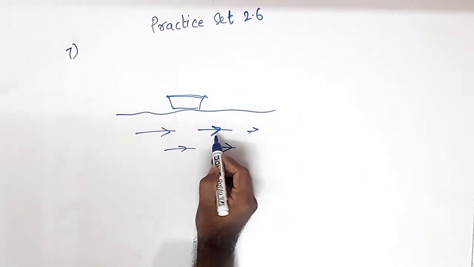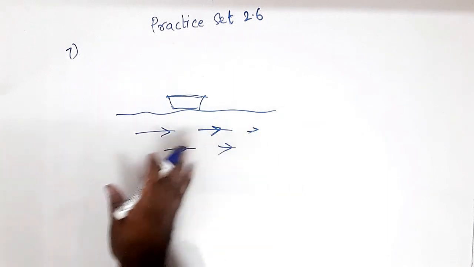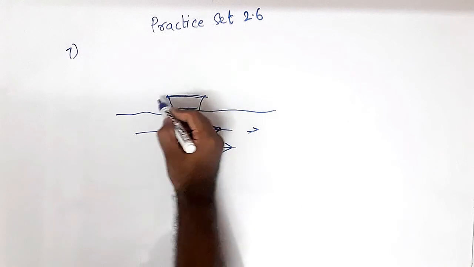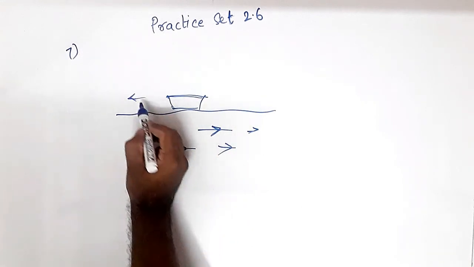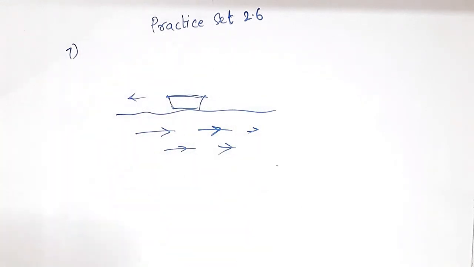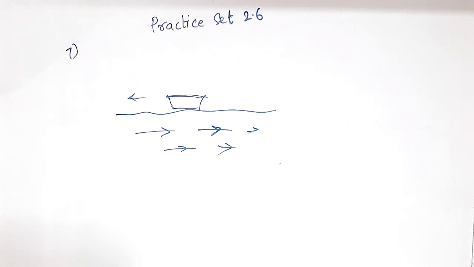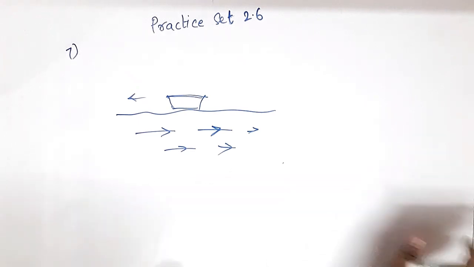Downstream means with the current, and upstream means this way, against the current. So where will the speed be more? The speed will be more, of course, when the boat is going downstream, because it is going with the current.